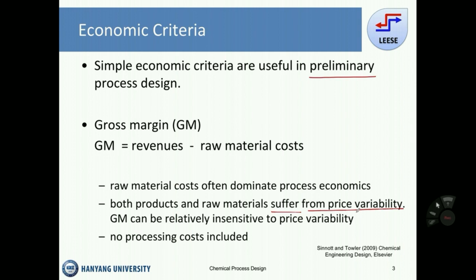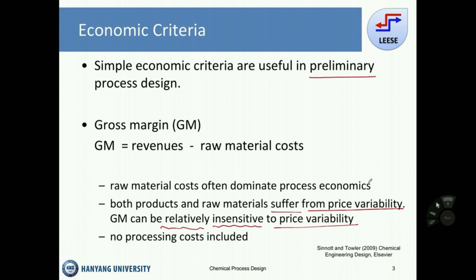So you should consider some uncertainty related with price change. Okay. However, relatively speaking, it may not be too sensitive to the price variability. Okay. So there is a certain degree of uncertainty, but roughly speaking, the selling price of the product is proportional to the raw material cost.